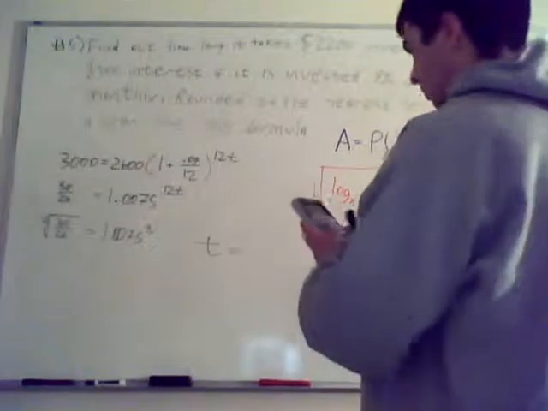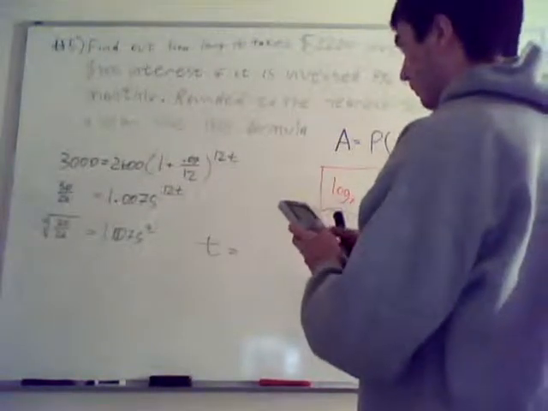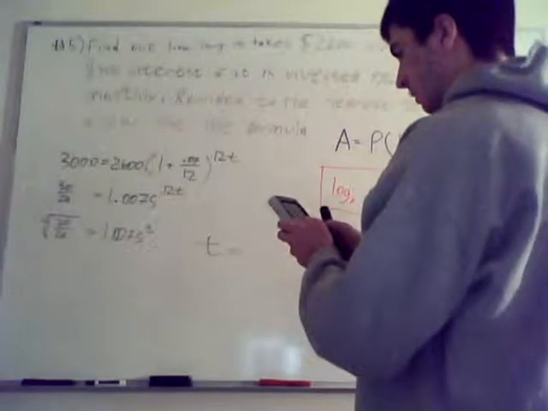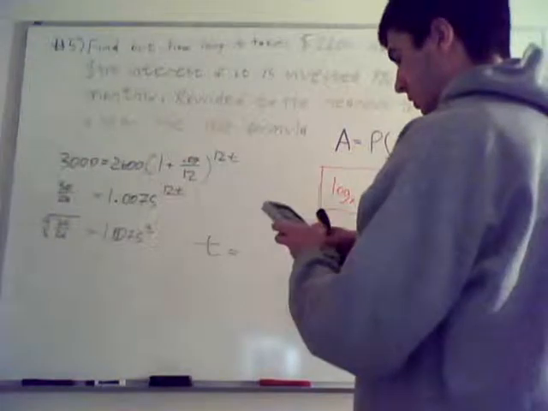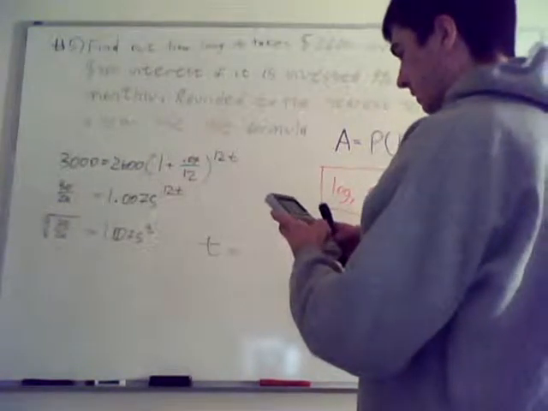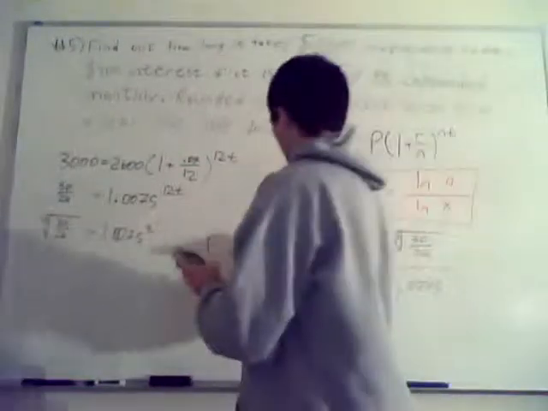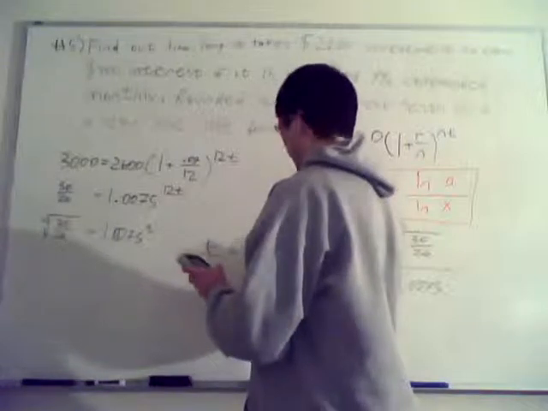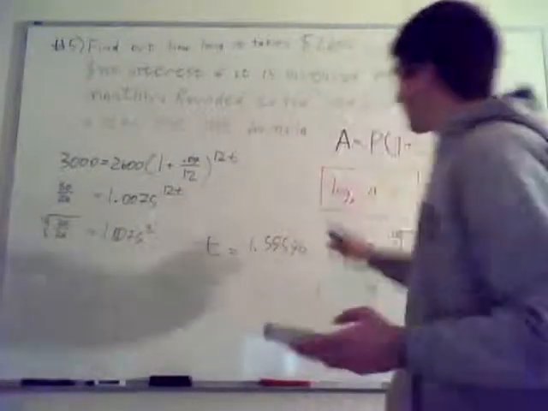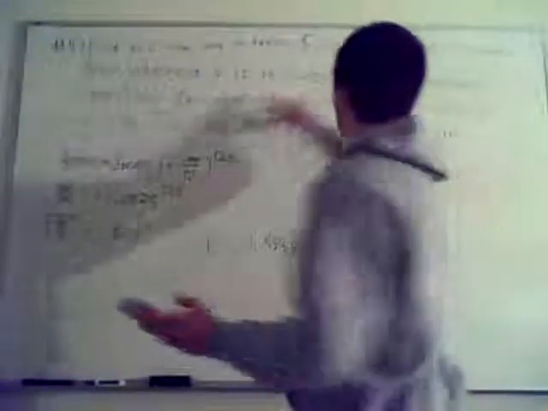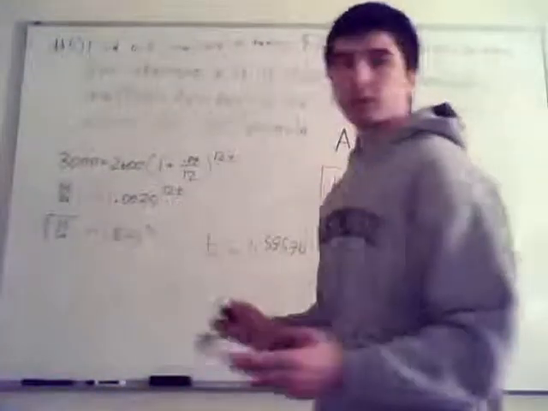Log base 1.0075 of the 12th root of 30 divided by 26. T is 1.59596. Now, this is correct, but round to the nearest tenth of a year.